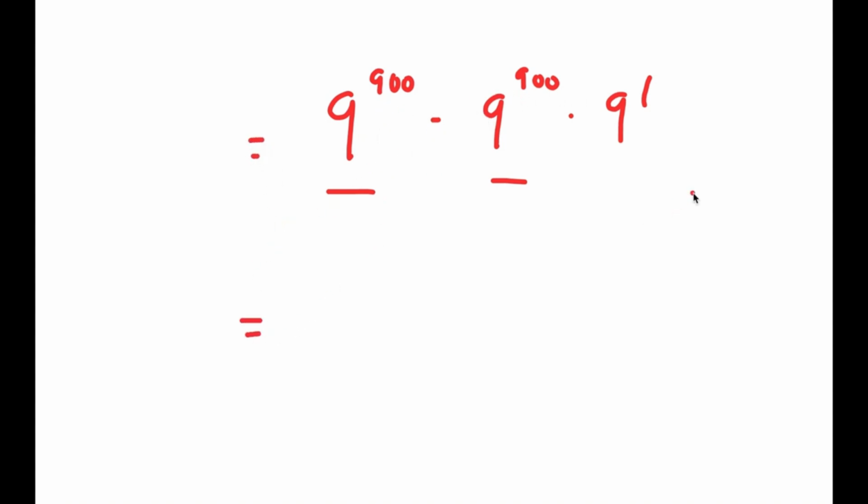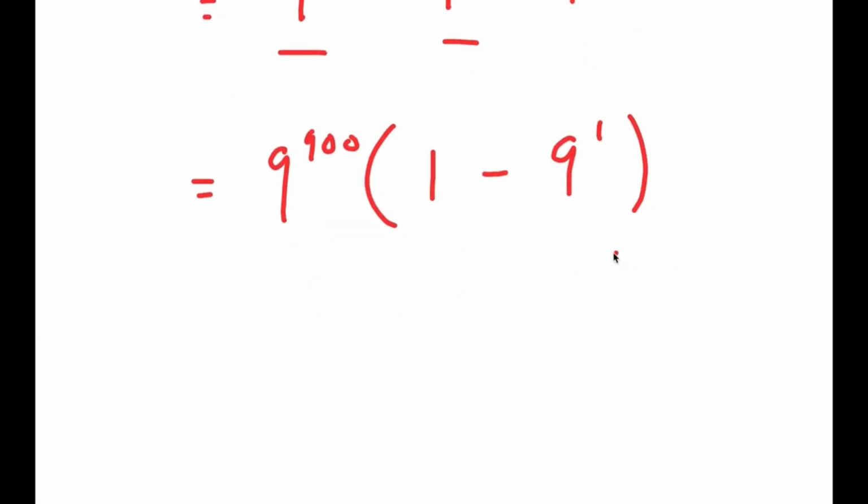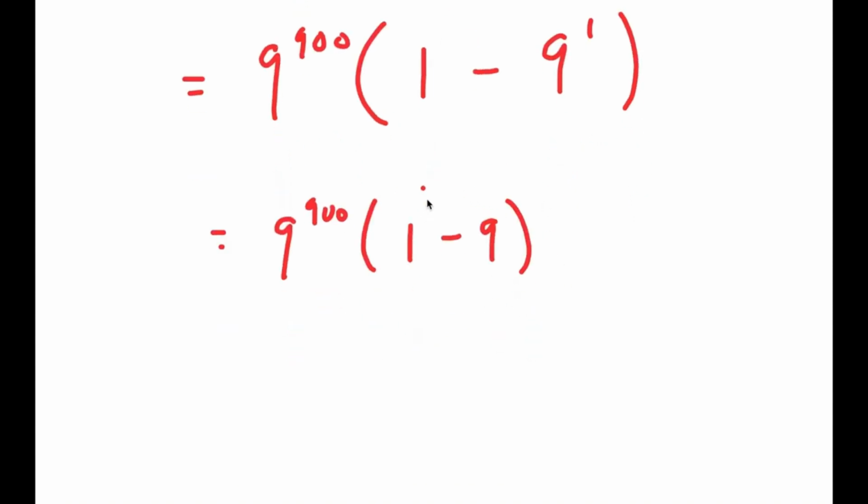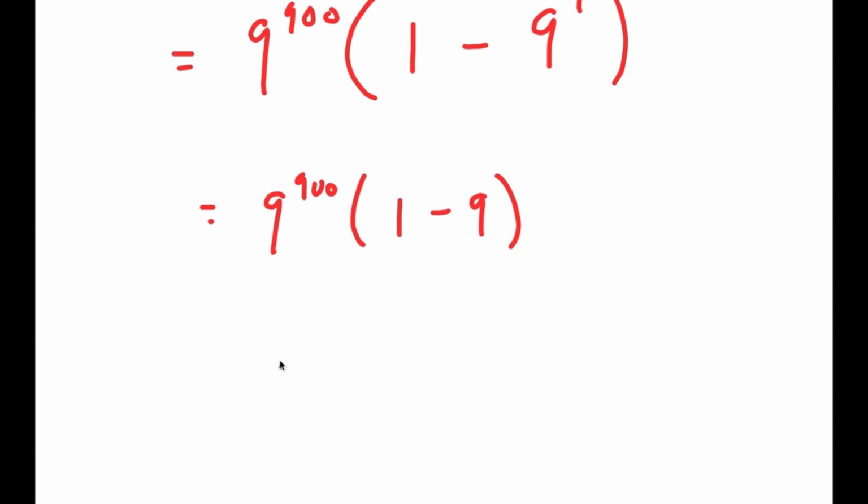So I'm going to factor out 9 to the power of 900, which is what I said I was going to do at the beginning of the video. So now I get 9 to the power of 900 times 1 minus 9 to the power of 1. And this is equal to 9 to the power of 900 times 1 minus 9, because 9 to the power of 1 is the same thing as 9. Now 1 minus 9 is equal to negative 8. So I get 9 to the power of 900 times negative 8.